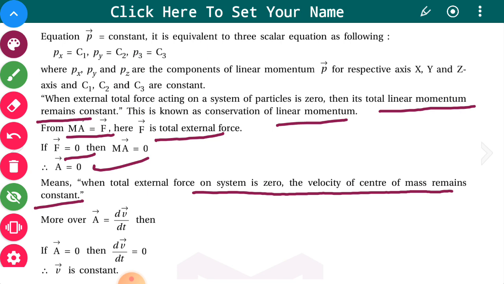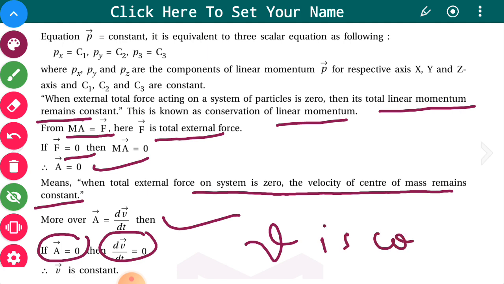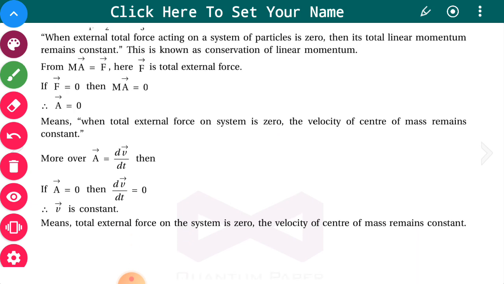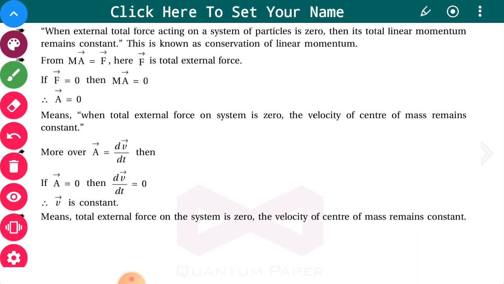Acceleration is dv by dt, and acceleration is 0, so dv by dt is 0, so v is constant. When velocity is constant, there will be no change of momentum. So if the total external force on the system is 0, then the velocity of center of mass will remain constant, and this is the law of conservation of momentum for the system of particles.